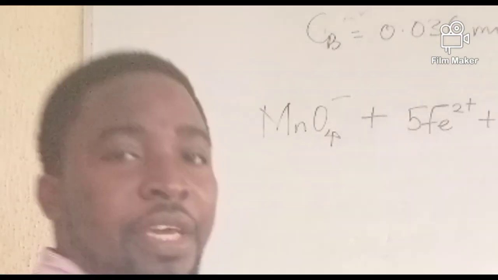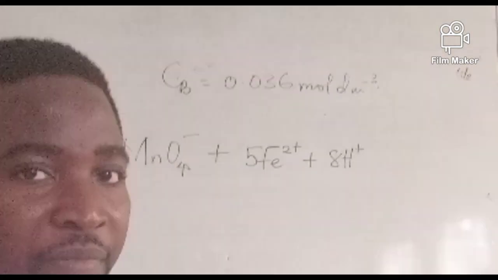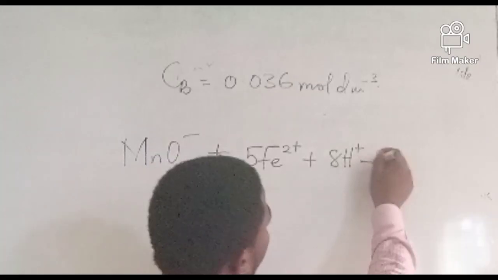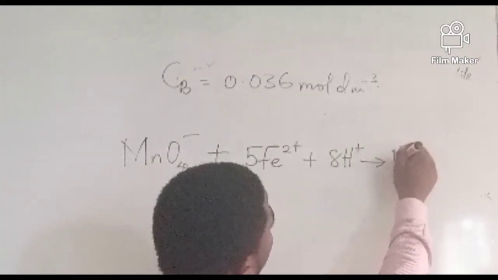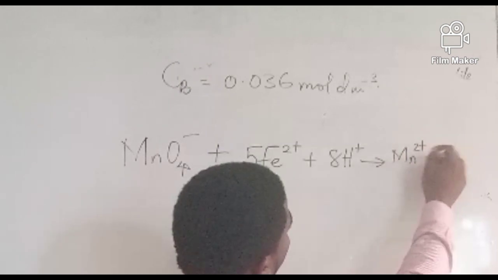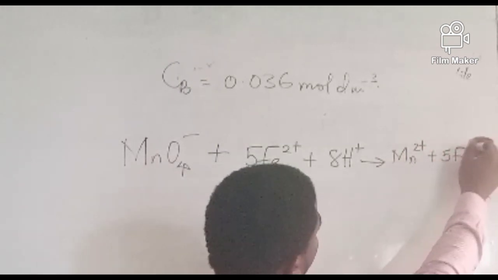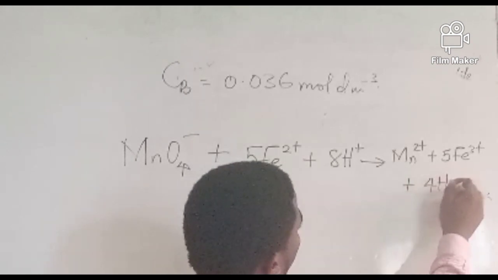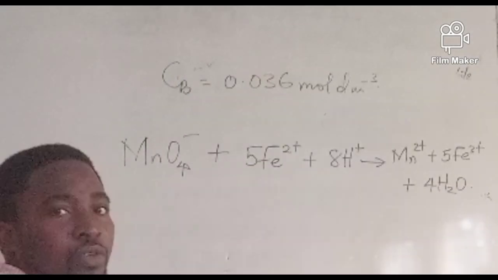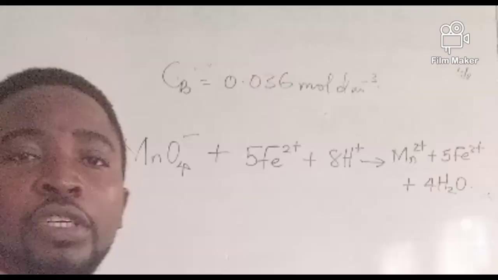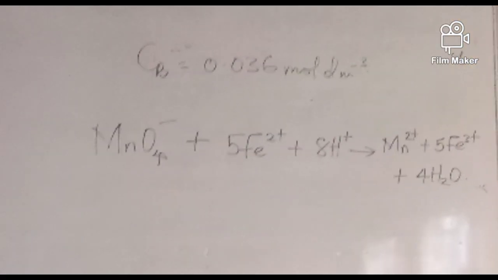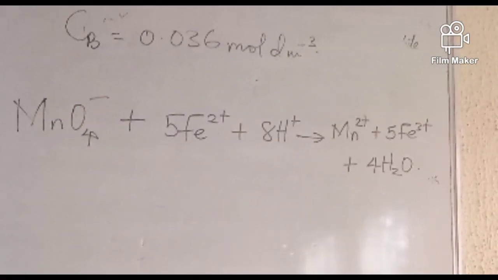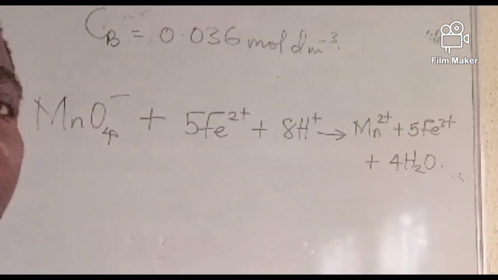That will give us 1 mole of manganese 2 ion, plus 5 moles of iron 3 ion, plus 4 moles of water. So this is the equation for the redox titration.